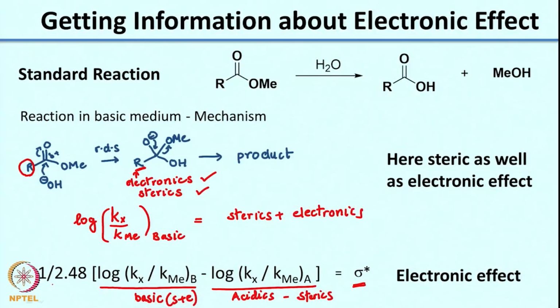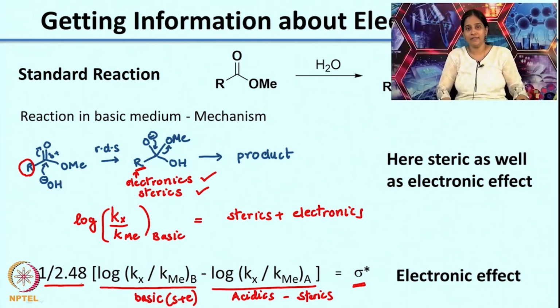Now let us come to this factor of 1 divided by 2.48. Why this has been added is, when you compare all the values, so we have the scale for the substituents, the sigma scale. So we want this electronic effect sigma star to be comparable in magnitude to that obtained from the Hammett equation.